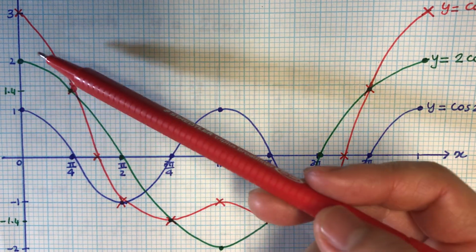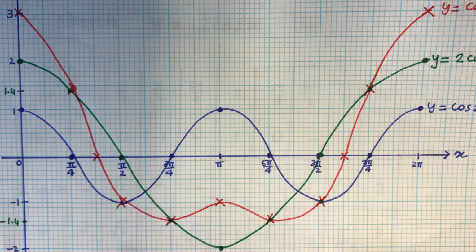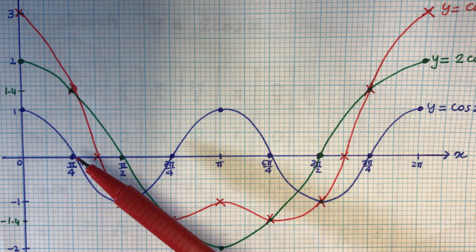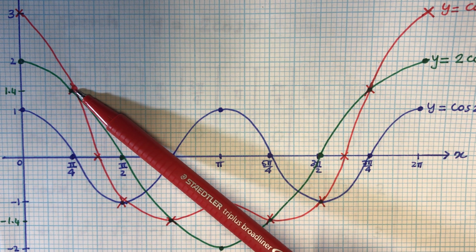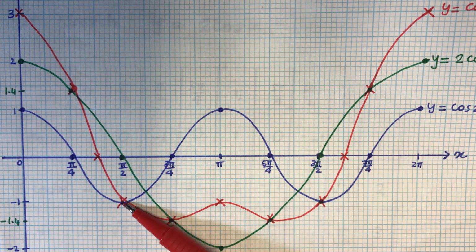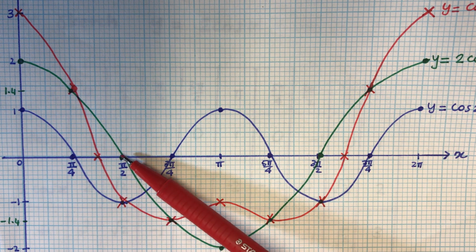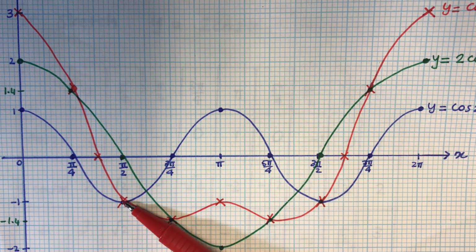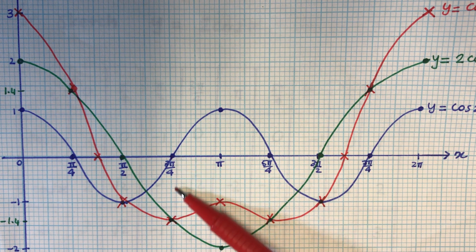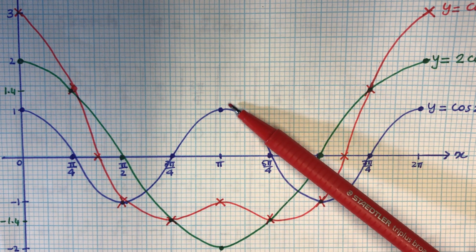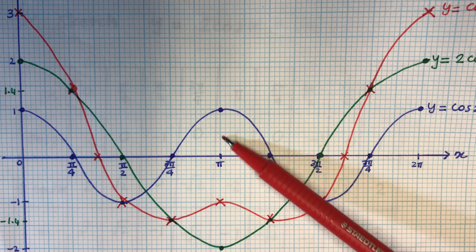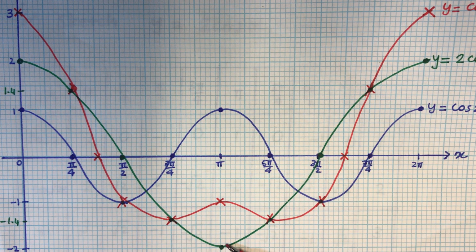So I'm adding 1 plus 2 is 3 here, and then at π over 4, 0 plus 1.4 is 1.4, and then 1 minus 1 plus 0 is minus 1, so it's there. And here is 0 plus minus 1.4, which is minus 1.4, and then 1 plus minus 2 is minus 1.